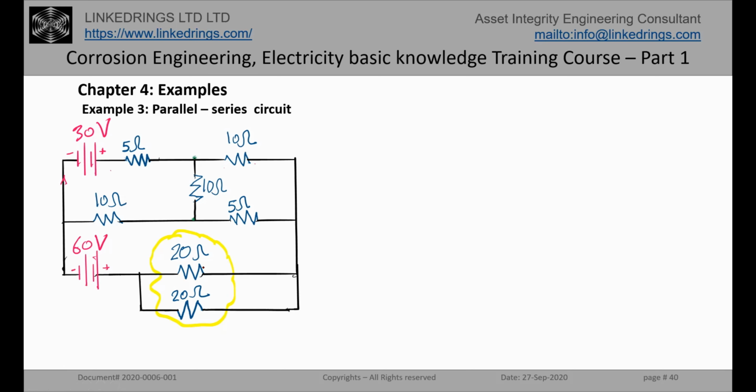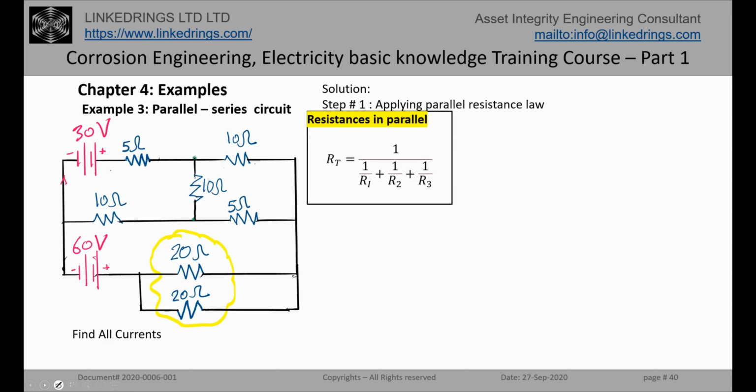So these two resistors, for simplification, we can simplify them. They are two resistors connected in parallel, so we can get the equivalent for them by applying the resistance in parallel law: 1 divided by 1 over 20 plus 1 over 20.